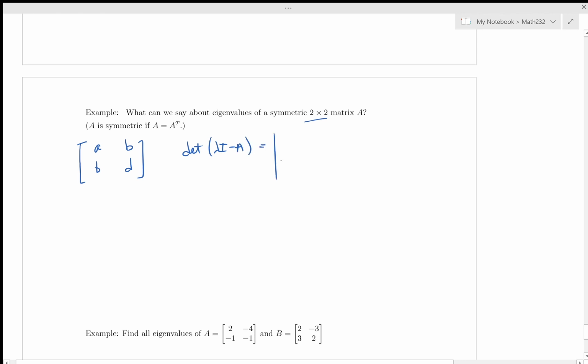That is the characteristic polynomial sitting right there. Let us rearrange that a little bit.